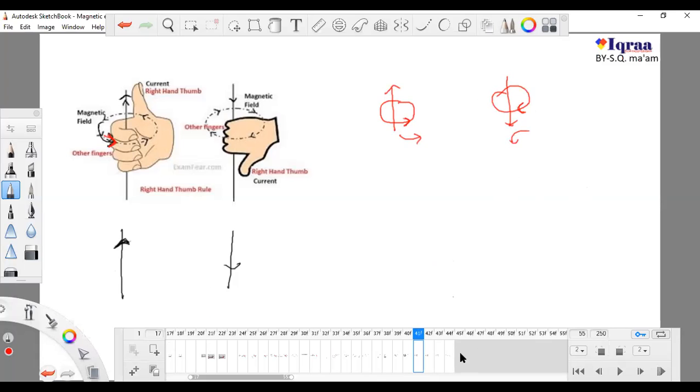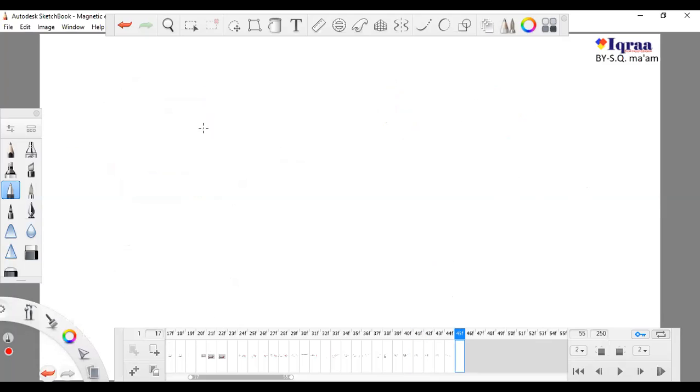This is our circuit, and this is my copper wire. This is the positive terminal and this is the negative terminal, so current will flow in this direction.